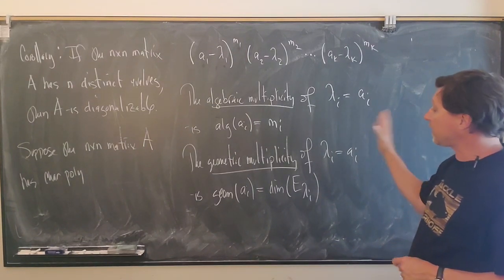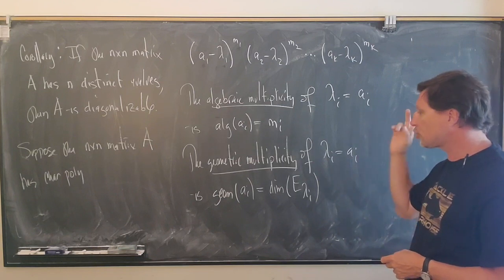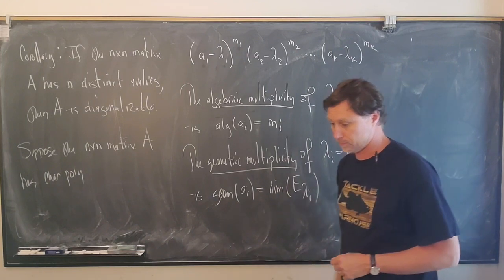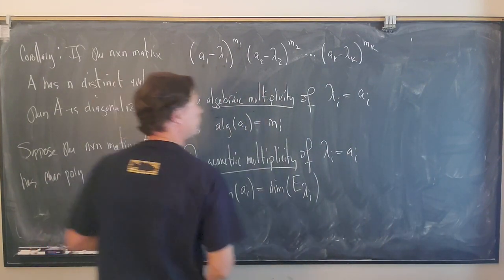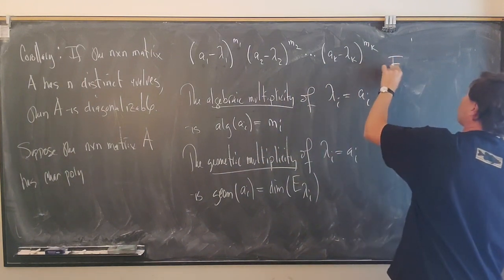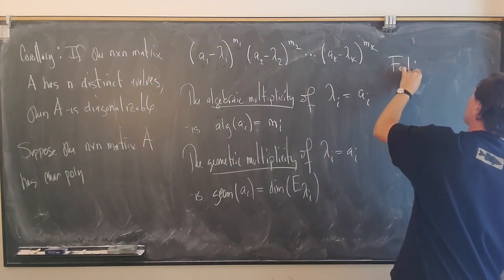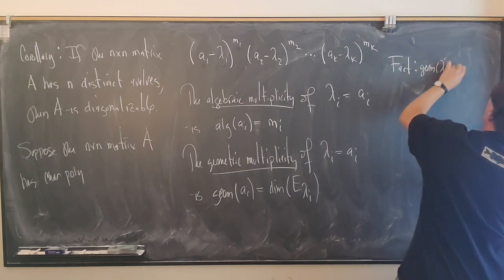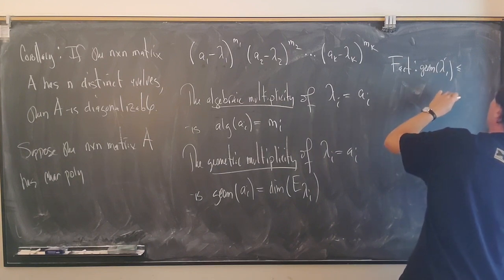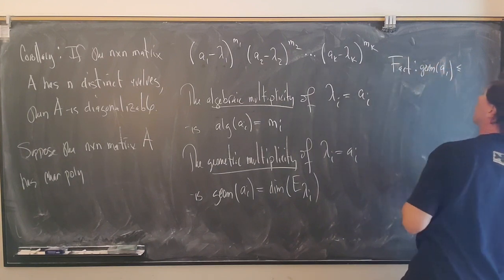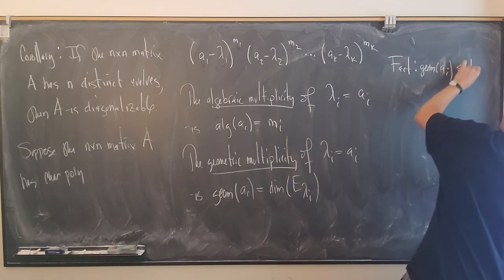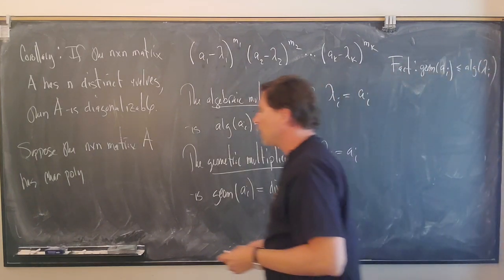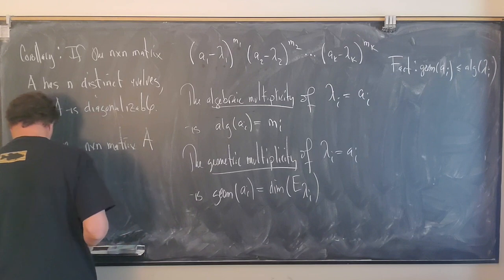So for each eigenvalue, there are two numbers associated, the algebraic multiplicity and the geometric multiplicity. And here's a true fact. The geometric multiplicity of a sub i is always less than or equal to the algebraic multiplicity of that same eigenvalue. Right? So geometric multiplicity is always less than or equal to the algebraic multiplicity.